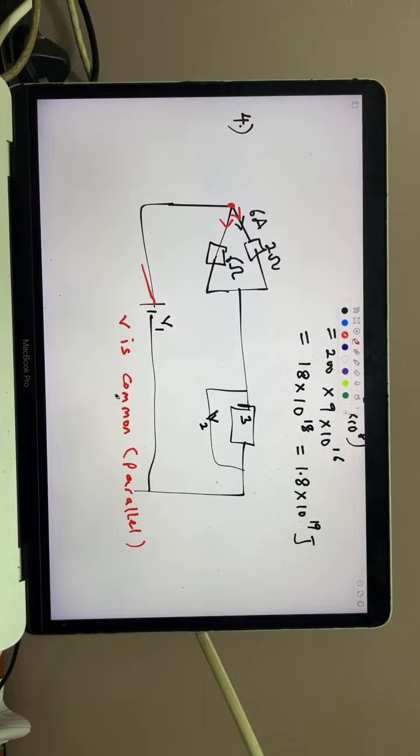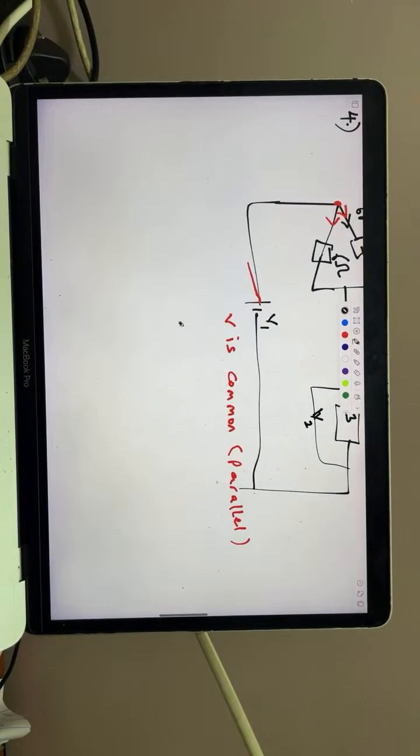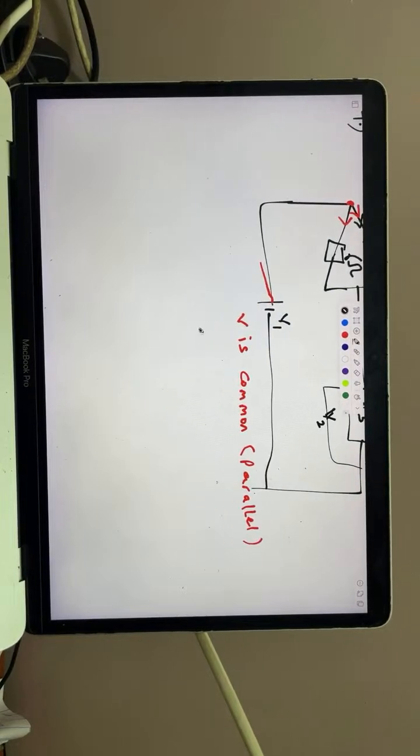What do I mean by V is common for parallel connection? Let's say, for example, I connected these resistors, and I'm just using a line to indicate resistors. Let's say resistor 1, resistor 2, resistor 3, resistor 4, all connected in parallel, and the source they are all connected to is giving 10 volts.